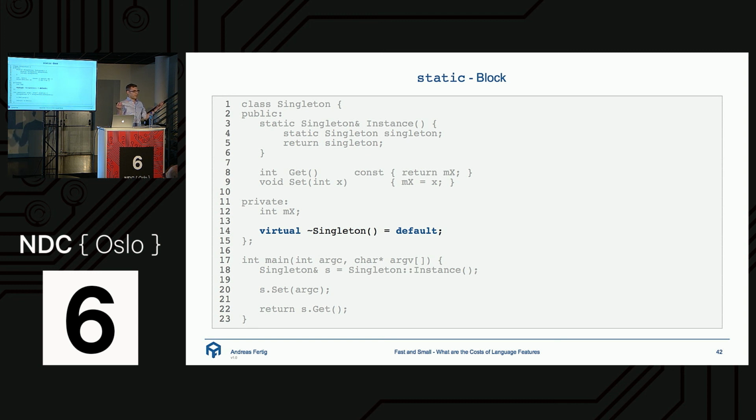If we have some application where our singleton needs to be a base class for something, even the equals default does not help us in this case. If we have a virtual destructor, even if defaulted, it is a non-trivial object for the compiler, and it will generate the locks for us.